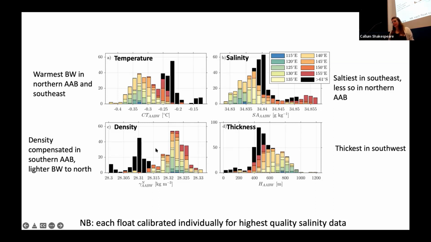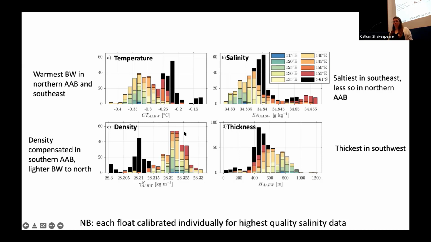What you also see in the density is that it's fairly compensated in the southern part, so there's no real east-west pattern in the density. However, there is quite a strong one in the three other properties. Temperature and salinity are highest in that eastern part of the basin near the Ross Sea. So Ross Sea bottom water is generally a bit warmer and saltier than Adelie Land bottom water.